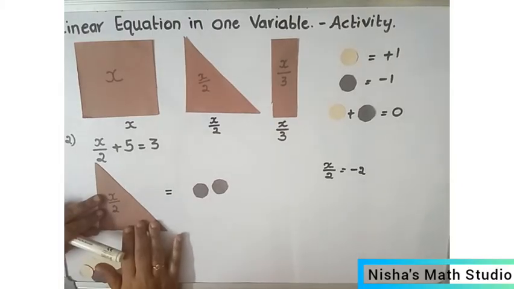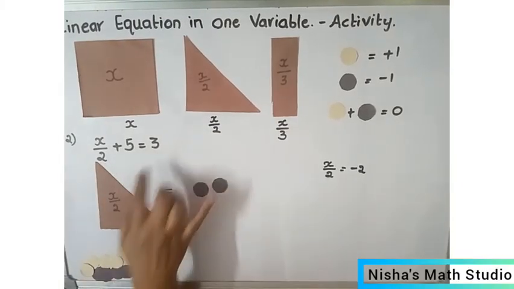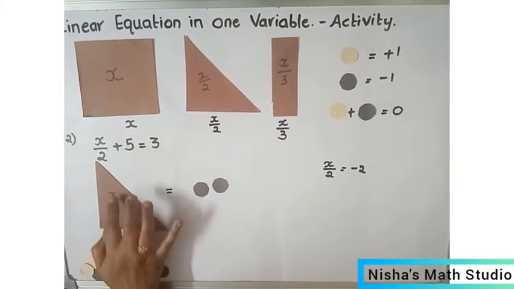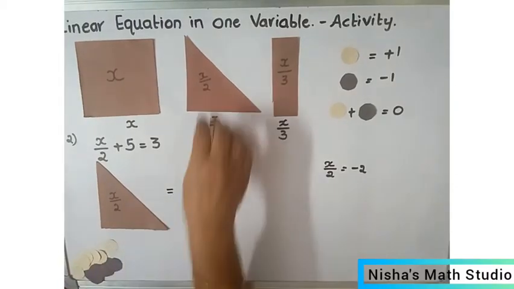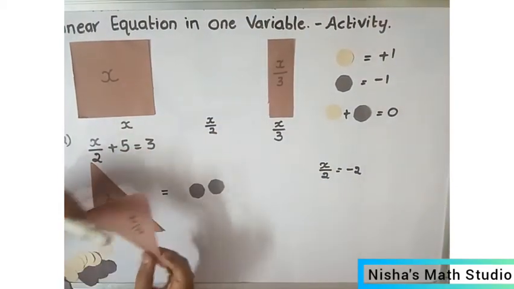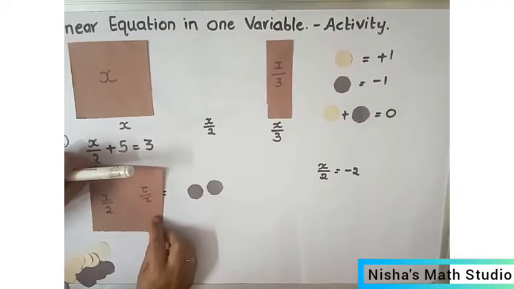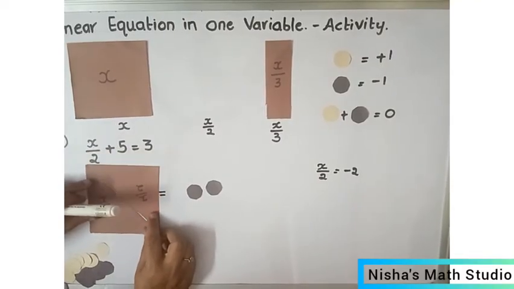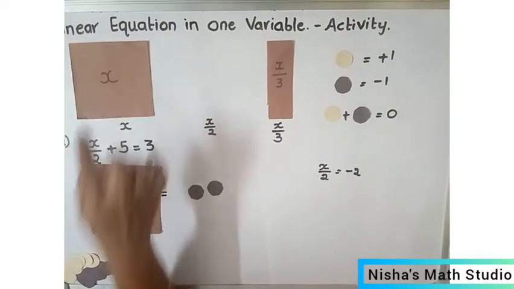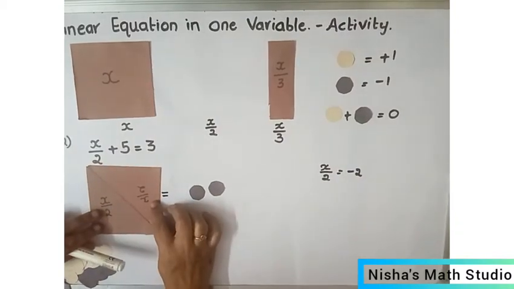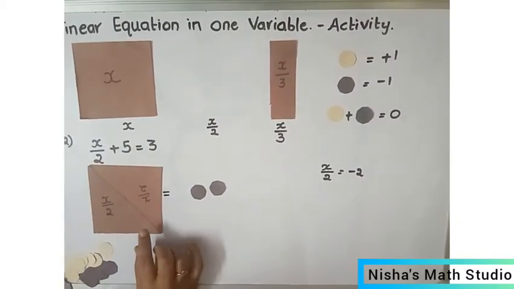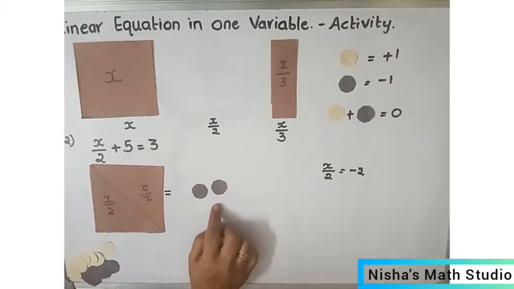Now trying to find the solution for linear equation is knowing the value of x. But here I have x by 2. So if I add one more x by 2, that is 2 triangles together make up one square. So one square is nothing but x. So I got x here, which means I have to add one more x by 2 here also.